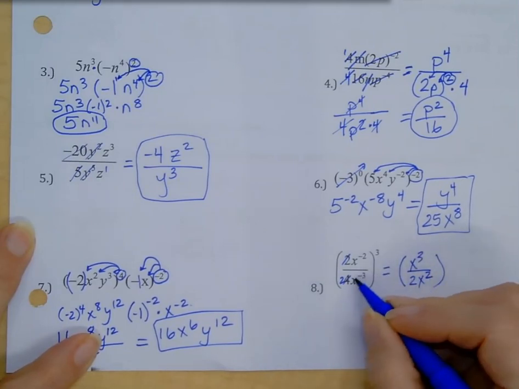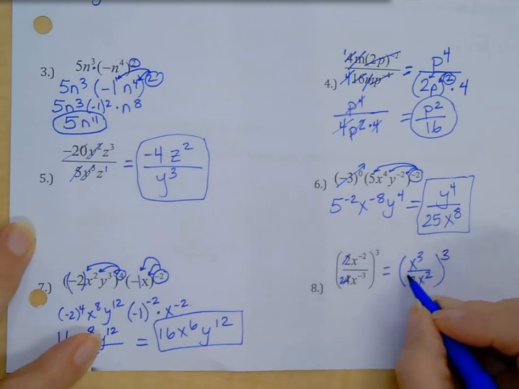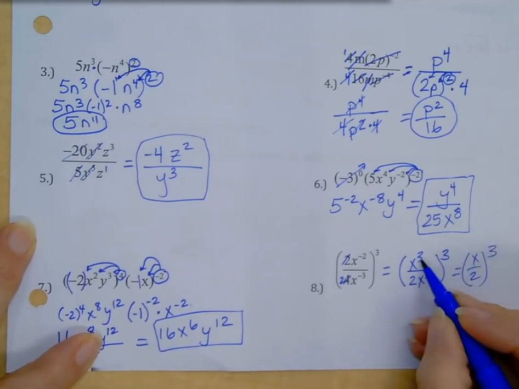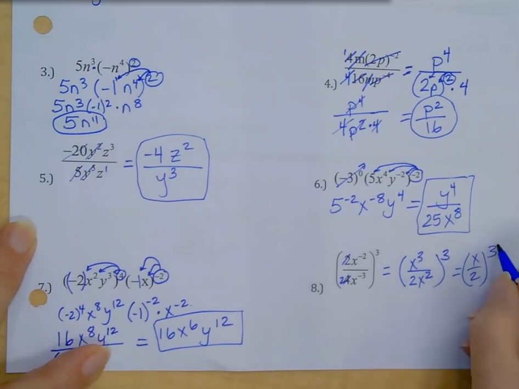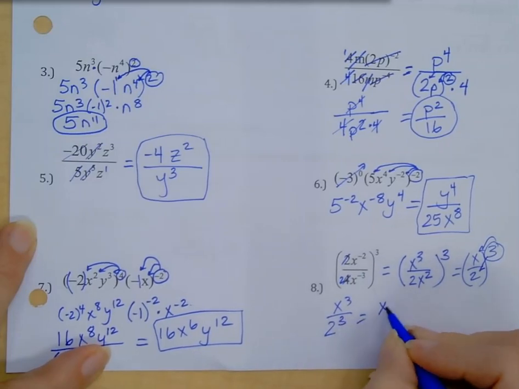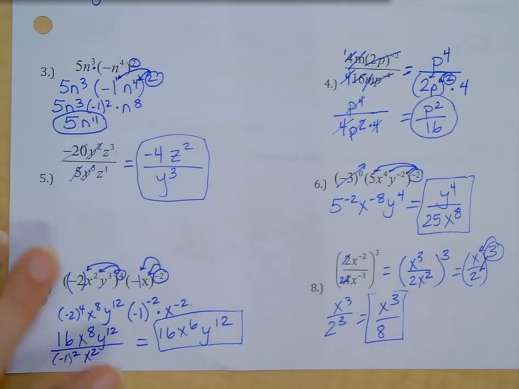Okay, so I moved x to the negative 3 up, and I moved x to the negative 2 down. Okay, so all I did was I simplified inside my parentheses. I'm going to continue to simplify inside my parentheses, so I have x over 2, and it's all raised to the 3rd power, so x cubed over x squared is x, right? So now, if I distribute, I have x to the 3rd over 2 to the 3rd, which is really x to the 3rd over 8.